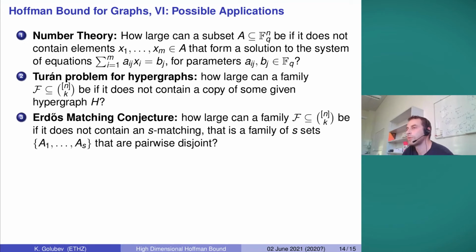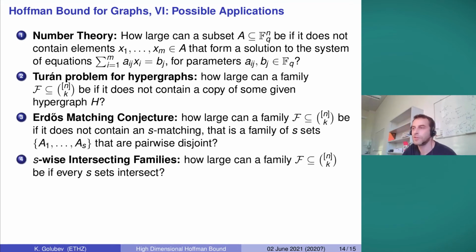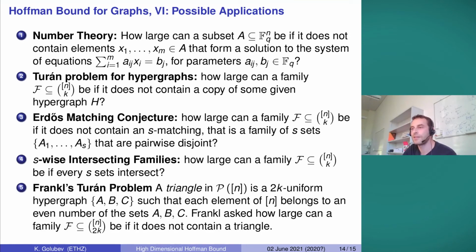You can also do the Erdős matching conjecture, where you want the size of a family that doesn't contain S sets which are pairwise disjoint. S-wise intersecting families, so you want every S sets to intersect.